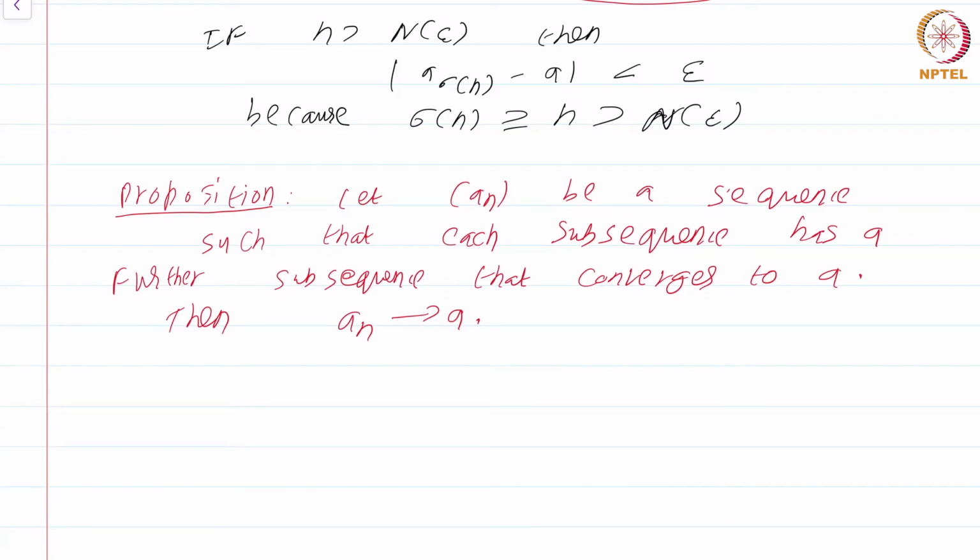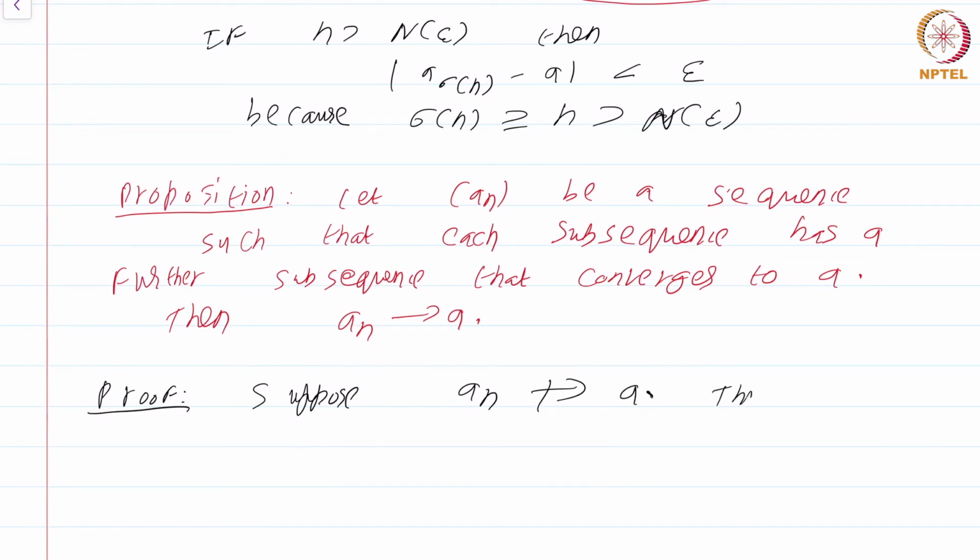And the proof is by contradiction. You have to negate what it means. Okay? Suppose a_n does not converge to A. Okay, what does this mean?